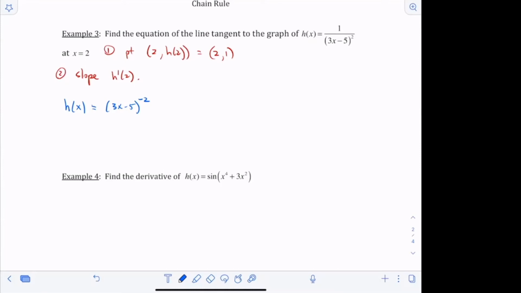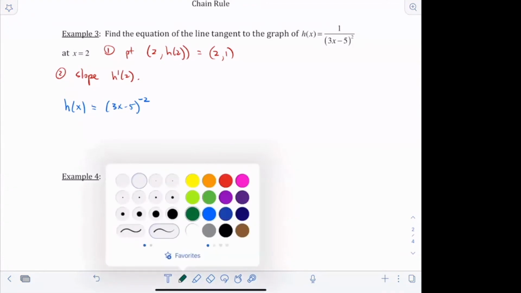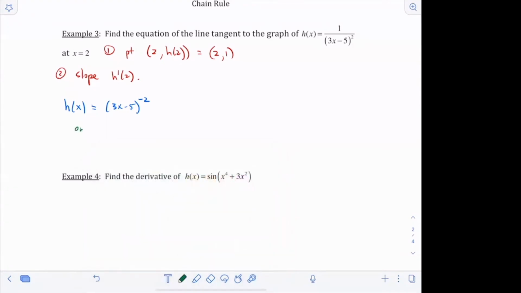Okay. And then what I need to do now is identify what the outside function and what the inside function is. So what do you guys think the outside function is? What's the outside first?